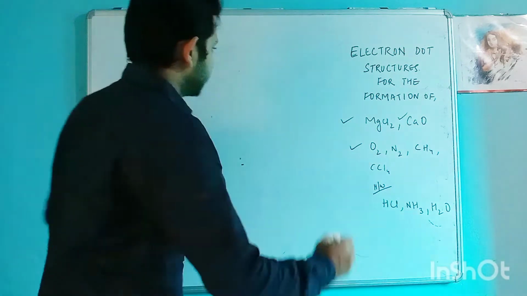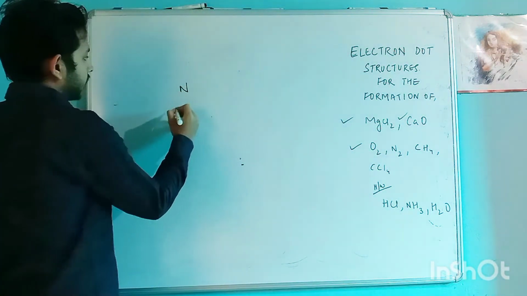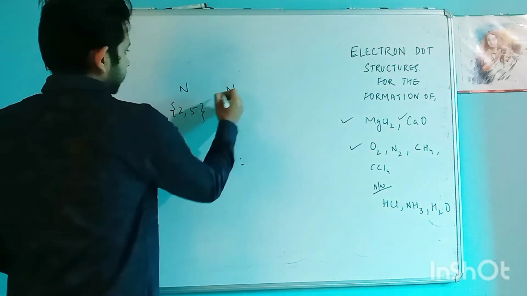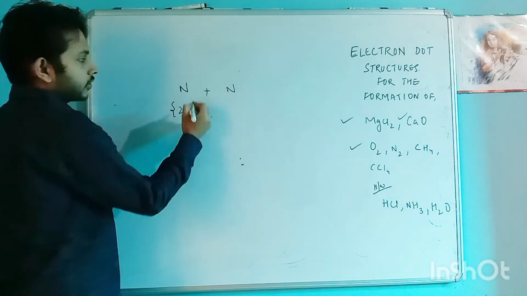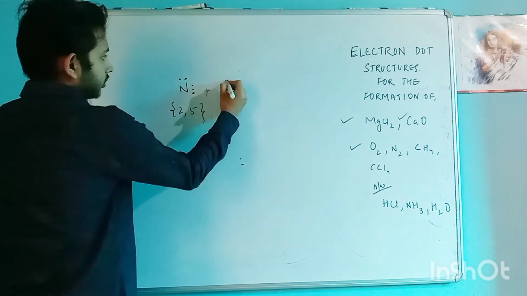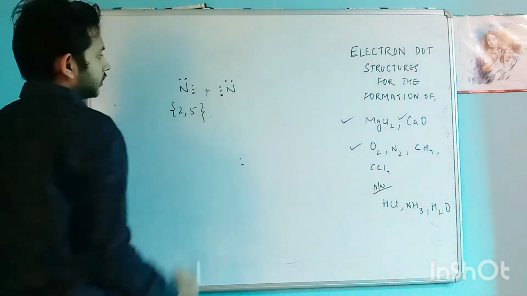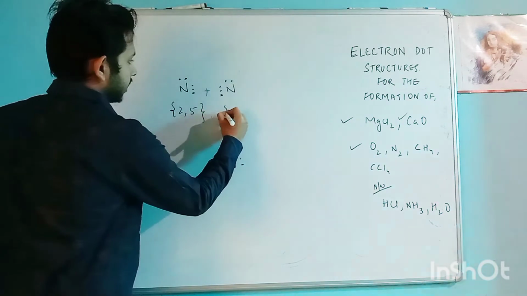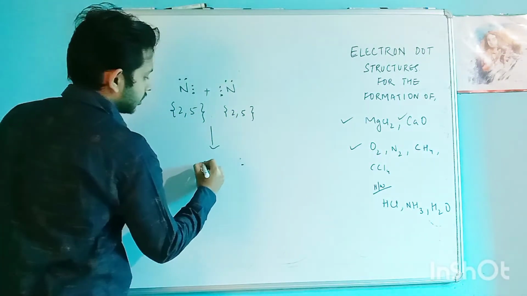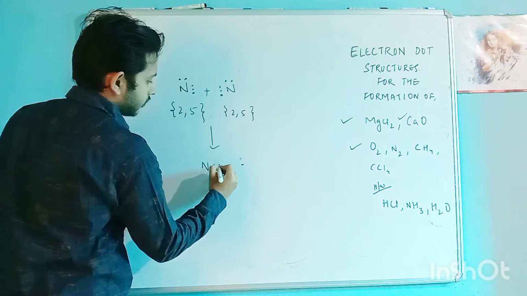Next for nitrogen. For nitrogen we have electronic configuration 2, 5. 5 electrons. Draw it. 1, 2, 3, 4, 5. It shares 3 electrons and becomes like this.